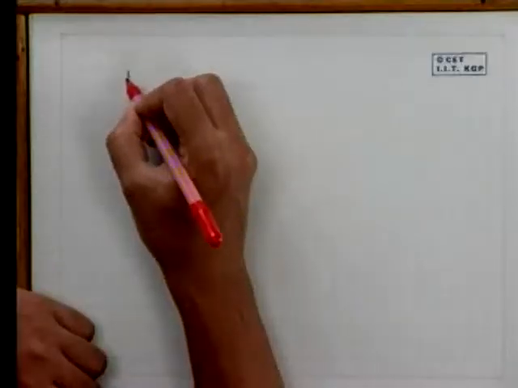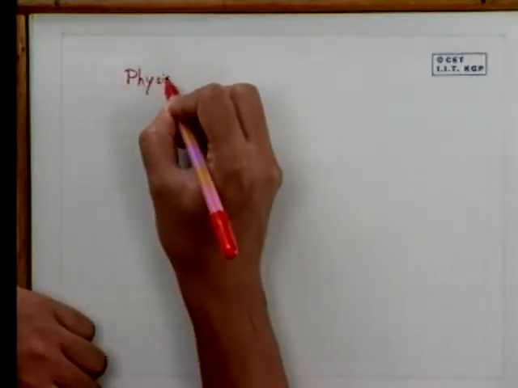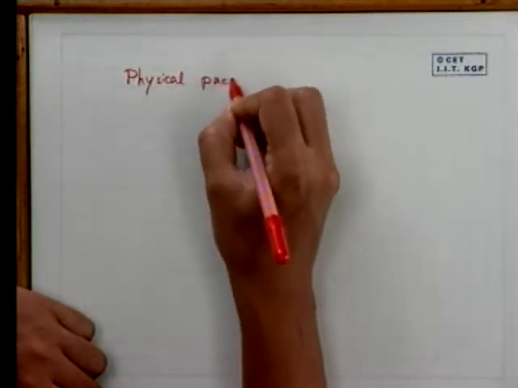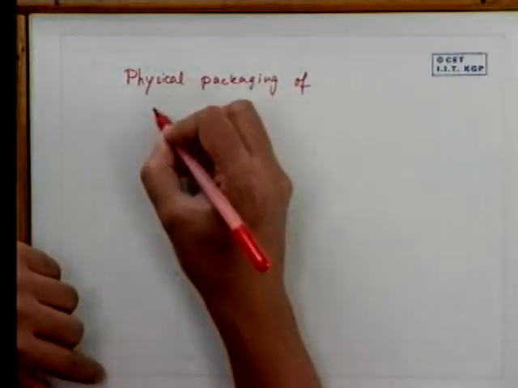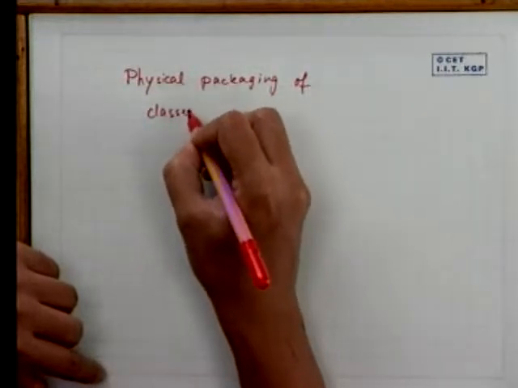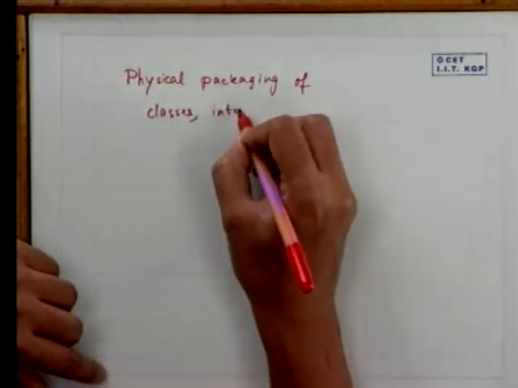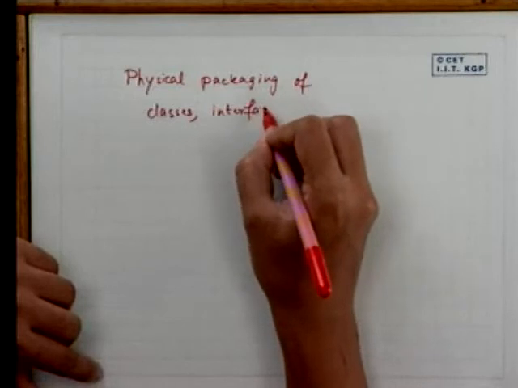So a component actually represents a physical packaging of logical elements, such as classes, interfaces, as well as collaborations.